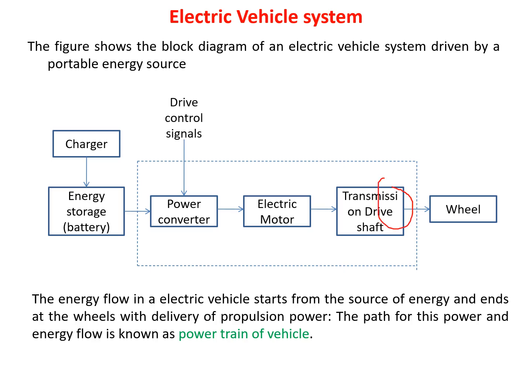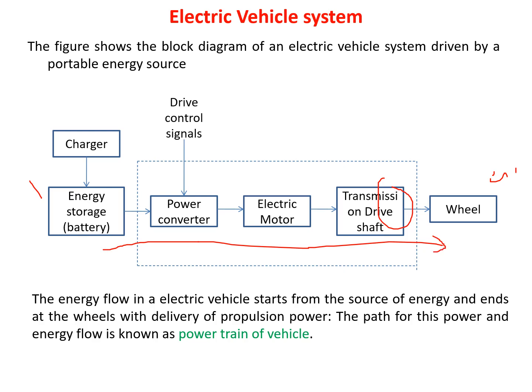Okay. Now, how will the energy flow actually take place in an electric vehicle system? It starts from the source of energy and ends at the wheels. Always it starts from the source of energy and ends at the wheels, delivering propulsion power from the energy source, the battery, to the wheels.